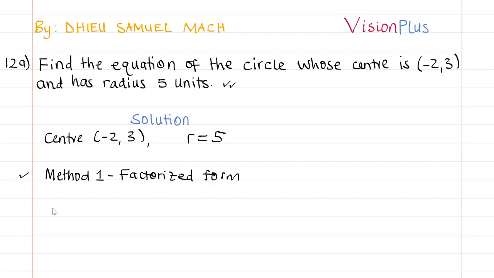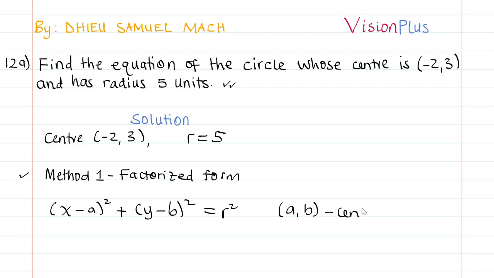The factorized form of the equation of a circle is given by (x - a)² + (y - b)² = r², where a and b are the coordinates of the center, and r is the radius.